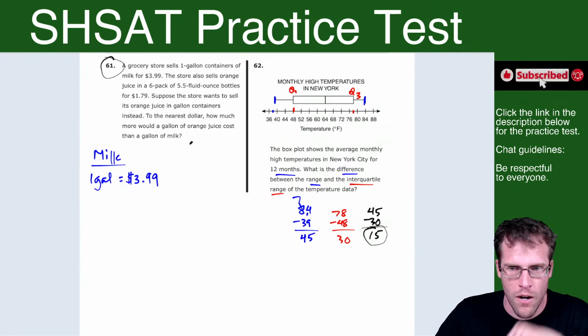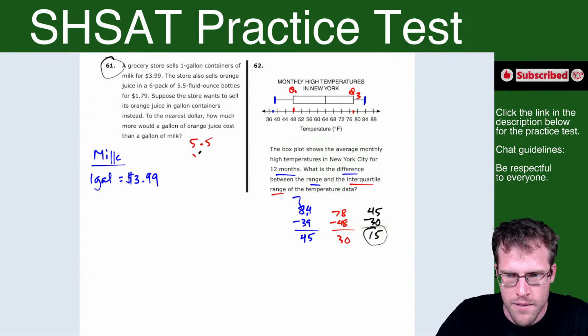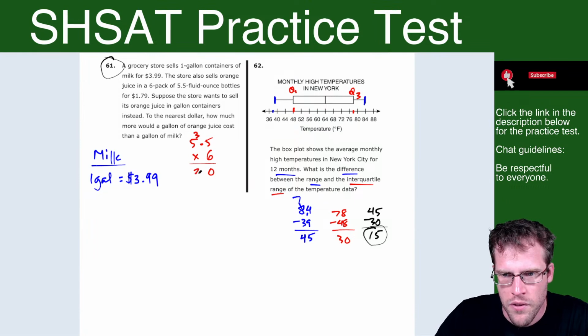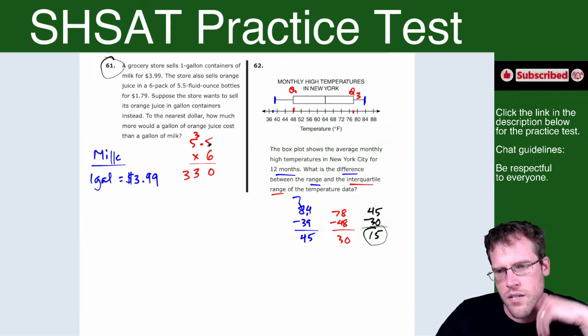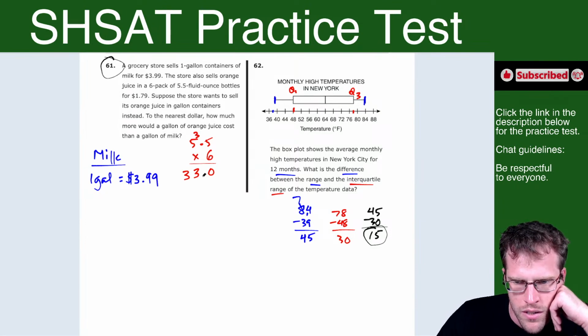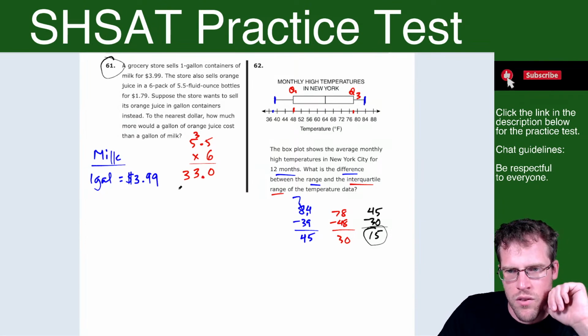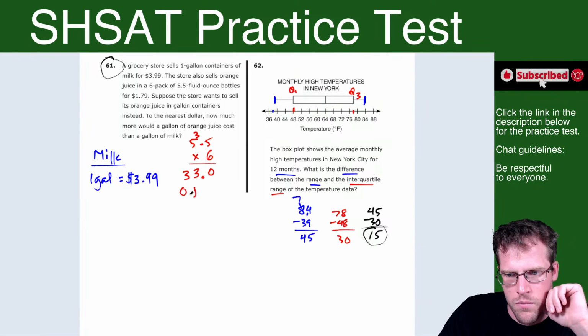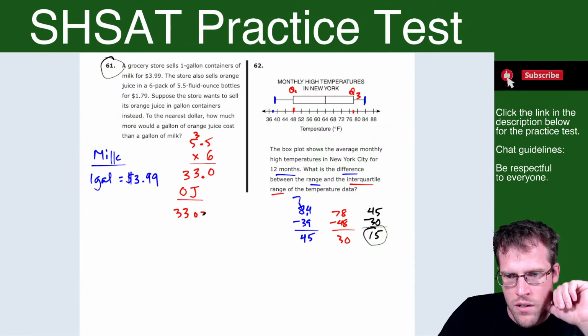So I'm going to do that first. 5.5 times 6. 30, carry the 3. Wait, I just want to make sure I added that right. 30, carry the 3, so that means it's 33. So orange juice, I'll put OJ, is 33 ounces, and that will be $1.79.